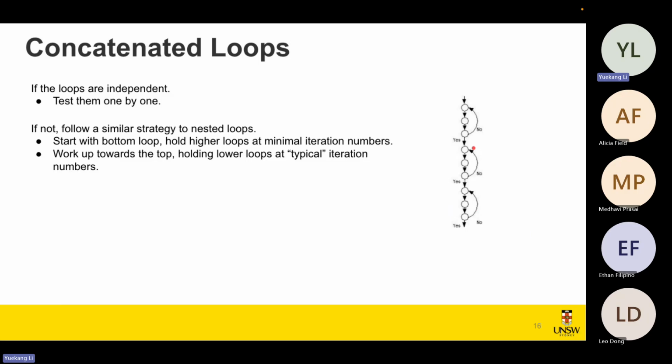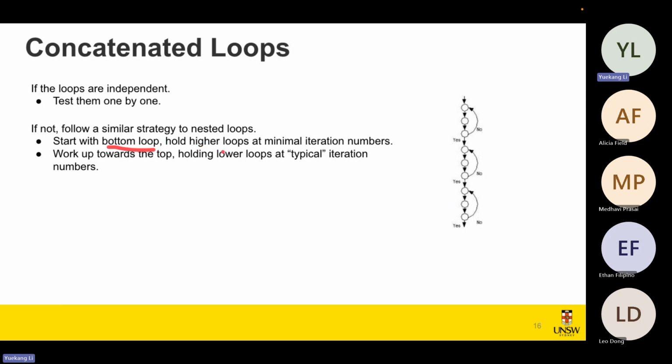But sometimes they may not be independent, because some of the conditions of a latter one may depend on the calculation of that value from the previous loop, right? So in this case, we start from the bottom loop and hold the higher loop to take the minimum iteration numbers, because the condition of the bottom loop depends on the calculation results from the higher loops, right?